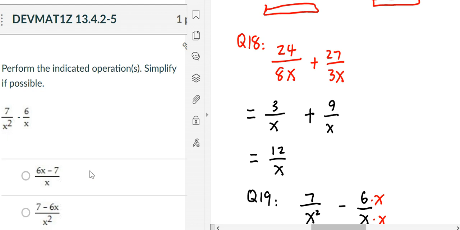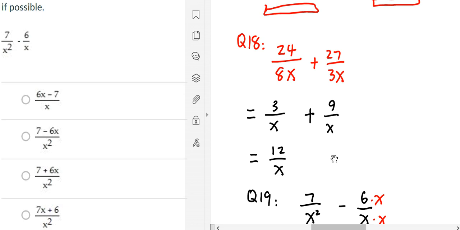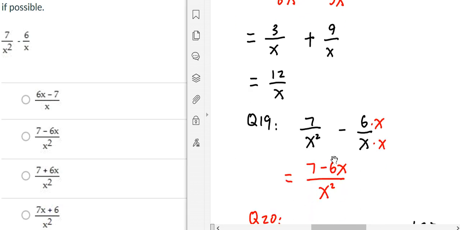Okay, let's work on question 19. For question 19, you have 7 over x squared minus 6 over x. So then you need only use x to multiply upstairs and downstairs for the second rational expression.